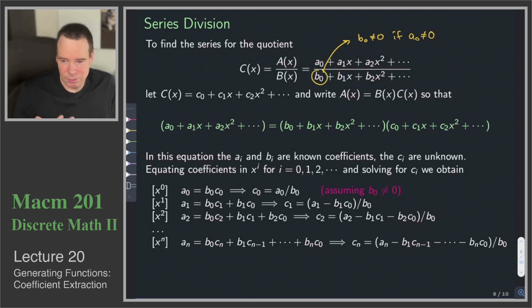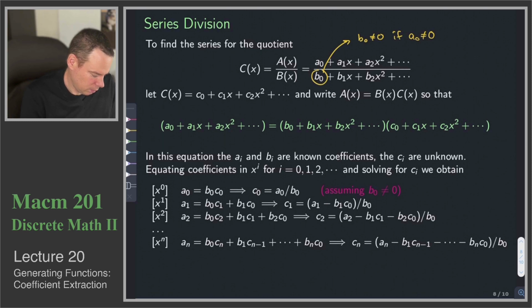So if A naught and B naught were both 0, we could reduce this and then repeat. As long as A naught is not 0, we're going to assume that B naught is not 0 so that we can do the division to solve for C naught. If it's not the case, then there's just no solution, so we couldn't do the division.